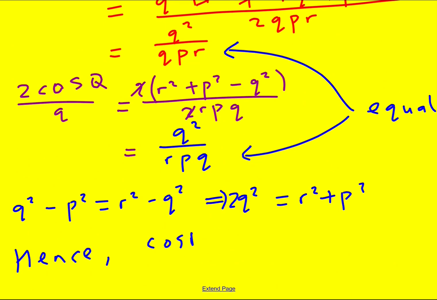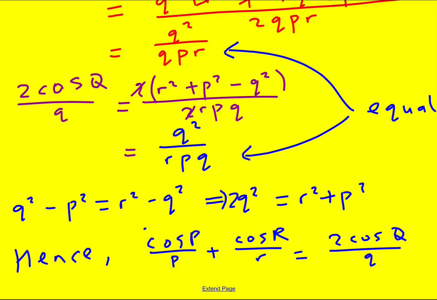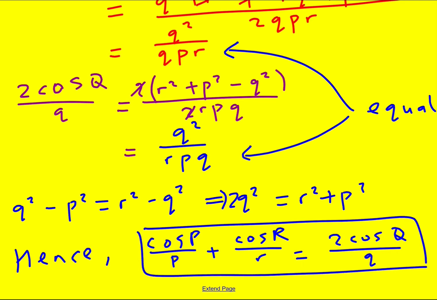Cos capital P over little p, plus cos capital R over little r is equal to 2 cos capital Q over little q. And we proved this using the cosine rule and the knowledge we had on the arithmetic series.